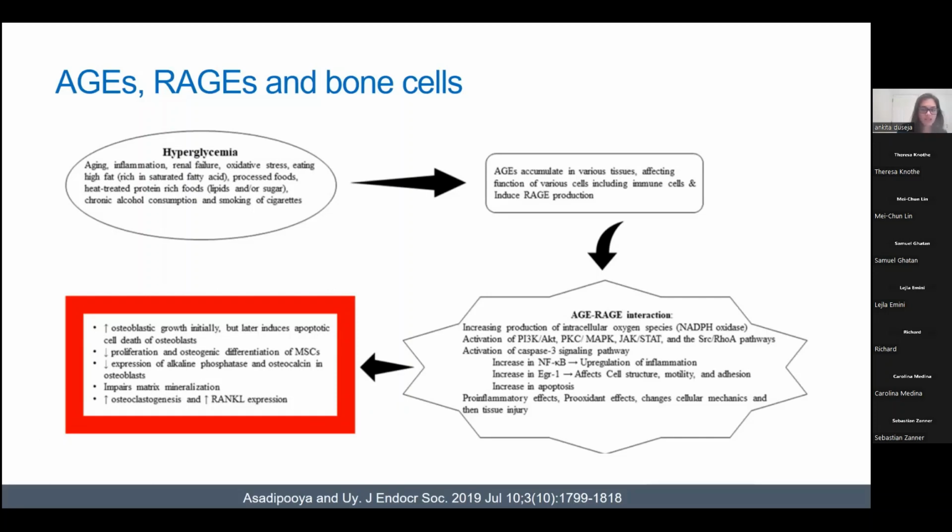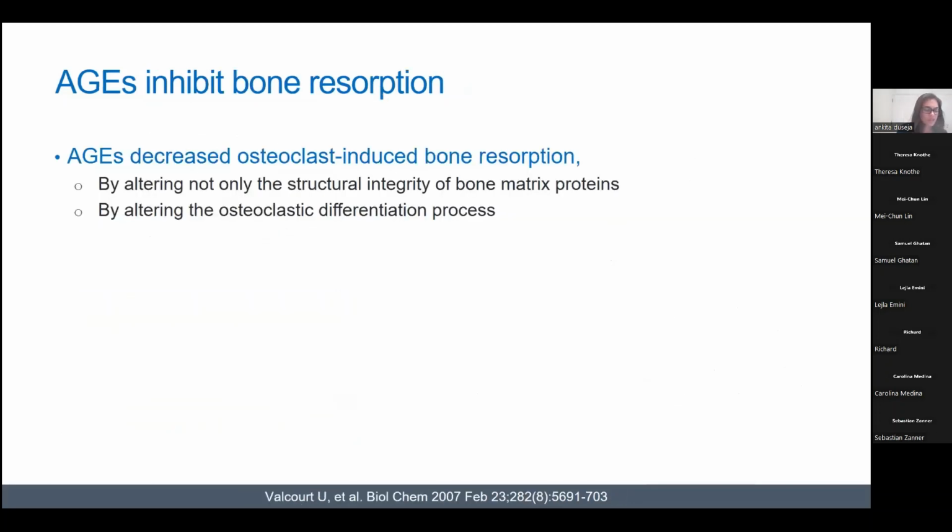In the long term, the accumulation of this leads to decrease in proliferation and the formation of osteoblasts and an increase in osteoclasts in this model. In prior data, it has also been shown that the more the accumulation of AGEs, the lesser the osteoclastic activity and bone resorption. So it is quite possible that AGEs are mediating some of these effects that we've already seen in bone turnover, but this area requires more understanding and validation.